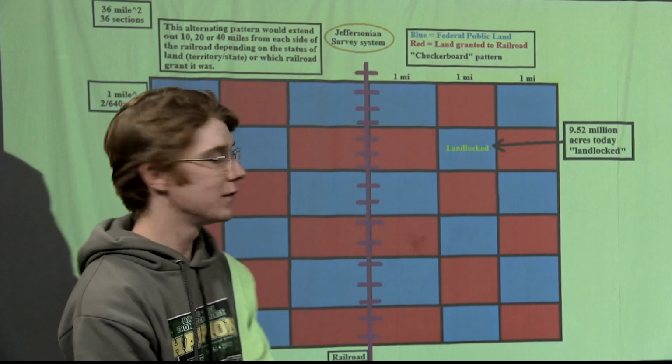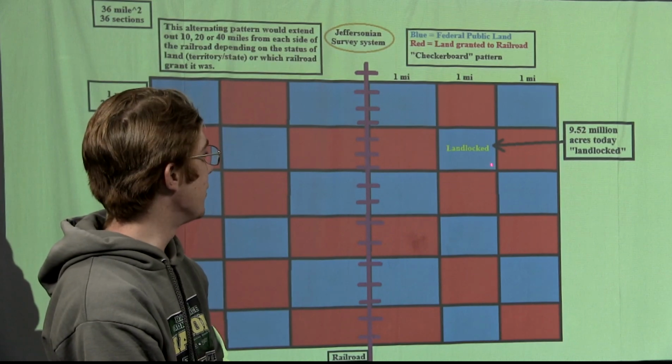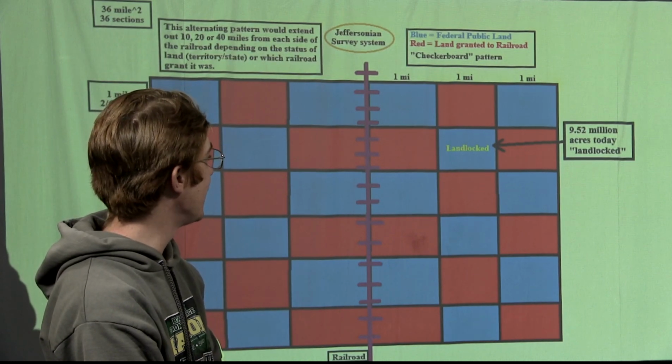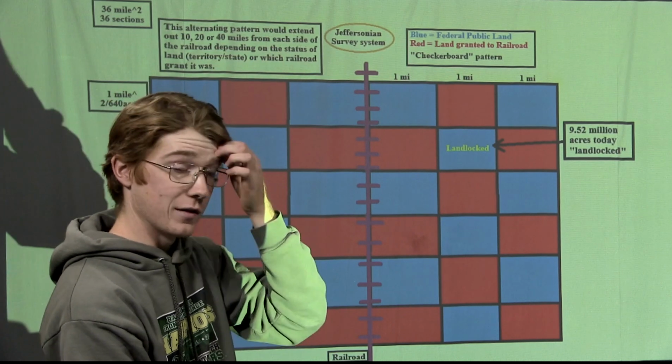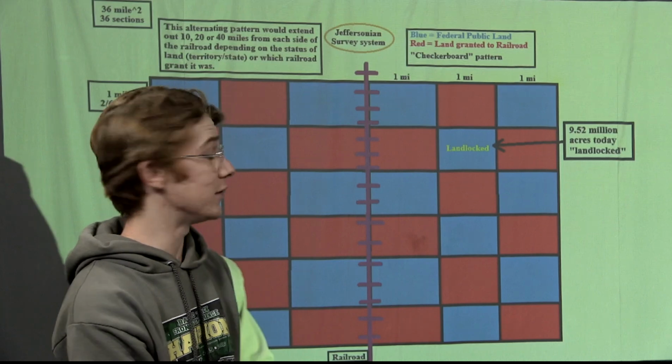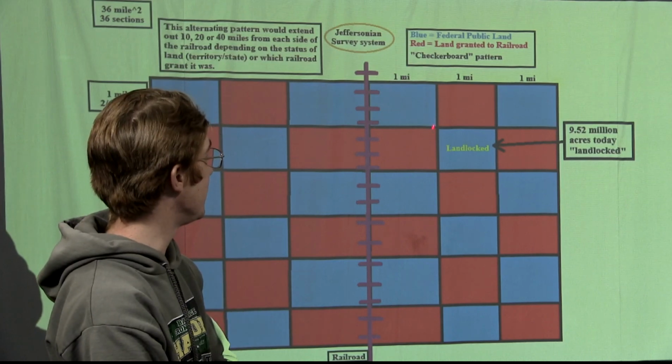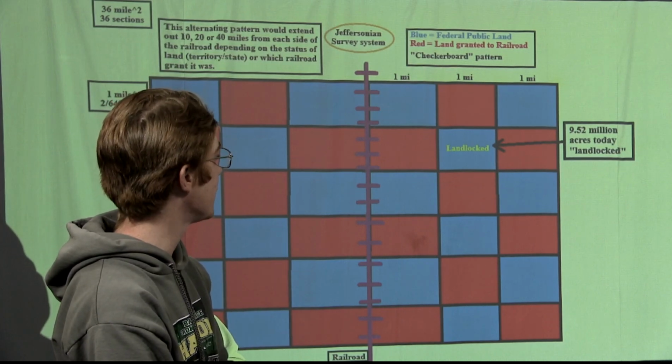from state to state. So today, we have a lot of this landlocked public land, and we've seen in Canfield versus U.S. a good case of the application of the Unlawful Enclosure Act.